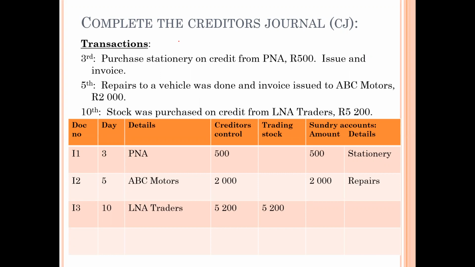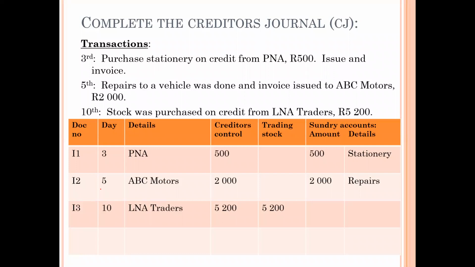So we've got a date. We know it is for repairs. We know there was an invoice involved, 2,000 Rand to ABC Motors. So let's look at the entry. Right, we're going to continue now with the next invoice number. So it's going to be invoice number 2. It's on the 5th.